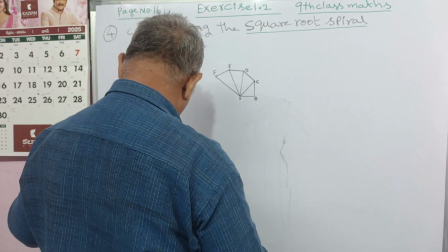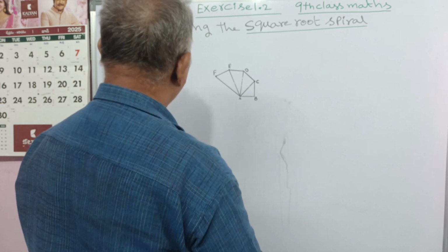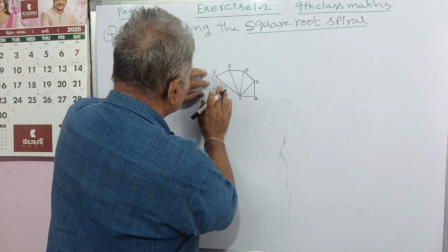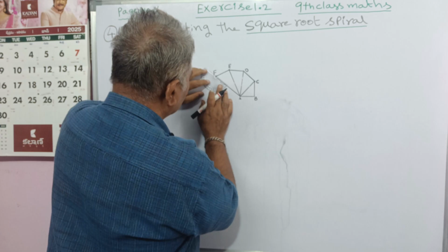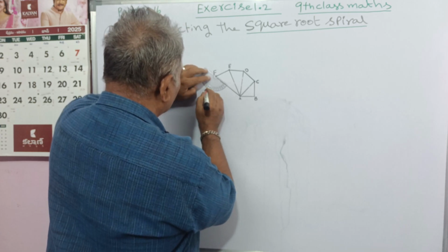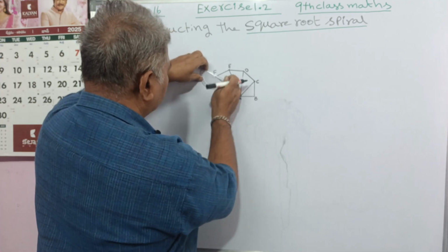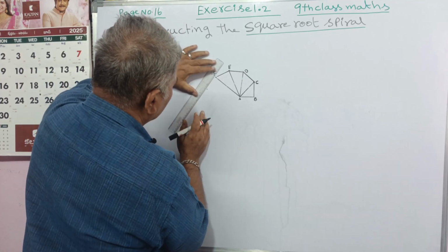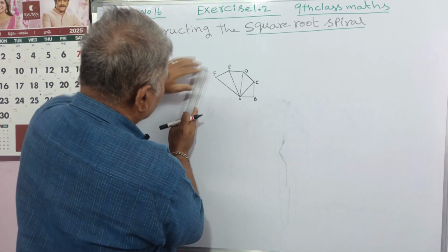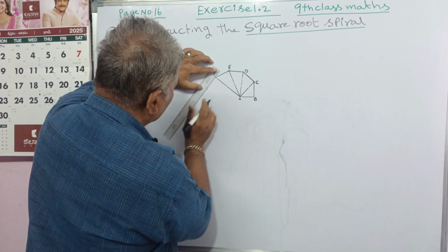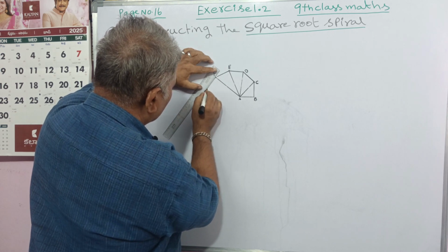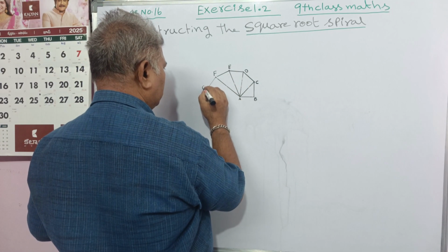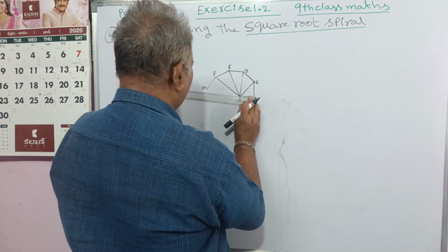Again, draw a perpendicular line to AF. This point is G, and join AG.